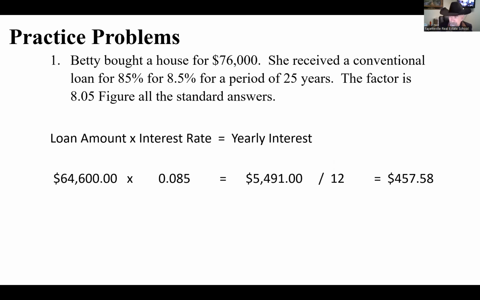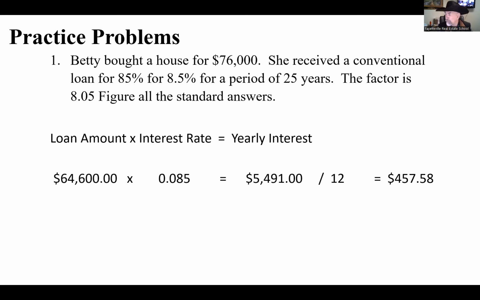You could either take your calculator and input 64,600 times 8.5 and then hit the percent key and that will give you the answer, or convert 8.5% to a decimal, which is 0.085. That gives us interest for a year. We then have to divide that interest by 12 months to get the interest for the one month, and that is $457.58.